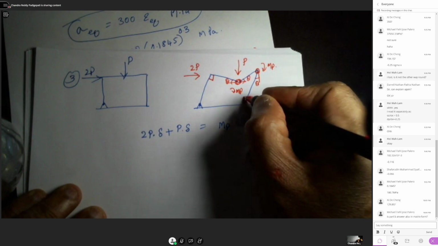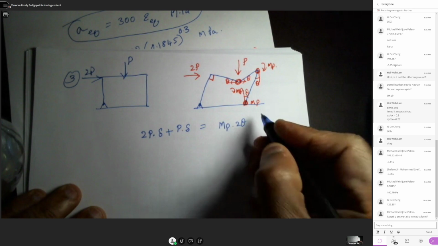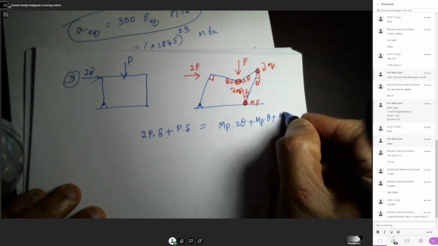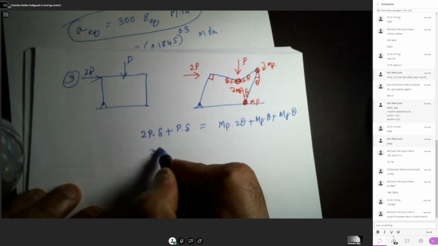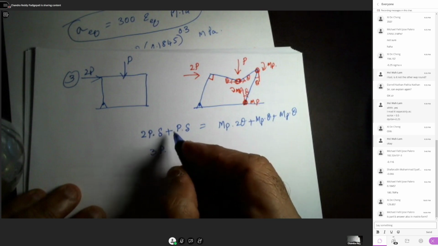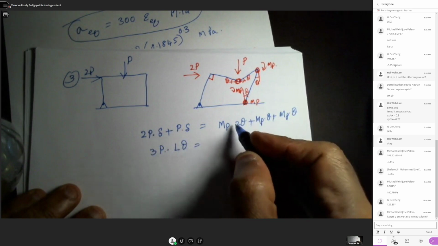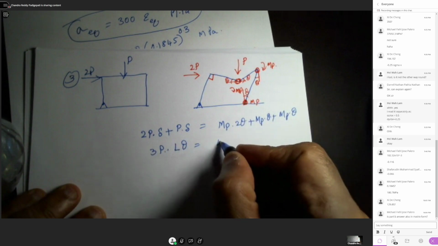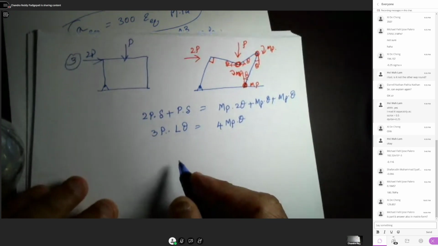Here the angle theta. So you will have Mp times theta plus Mp times theta. So you will get 3P. I replace delta with L into theta. So here 2 theta plus 2 theta, 4 theta. So I can write 4 Mp into theta.